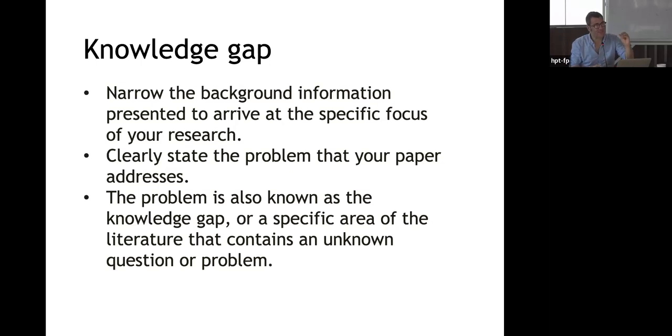So it's also very important to clearly state what's the problem that you are addressing. So there is something that is not known, or your knowledge gap could be defying or refuting a certain idea. So you have to explain it.